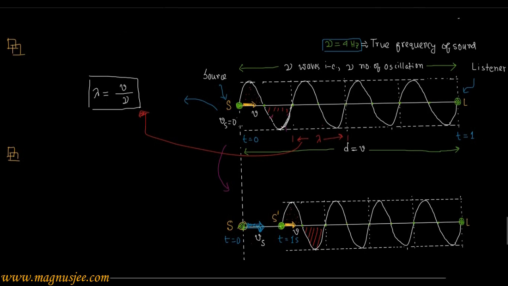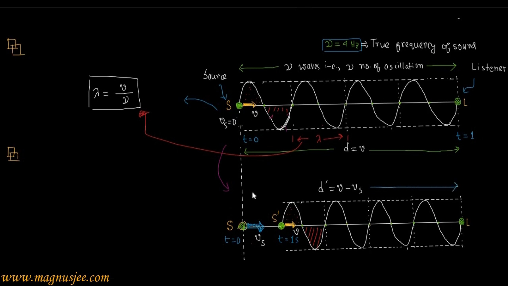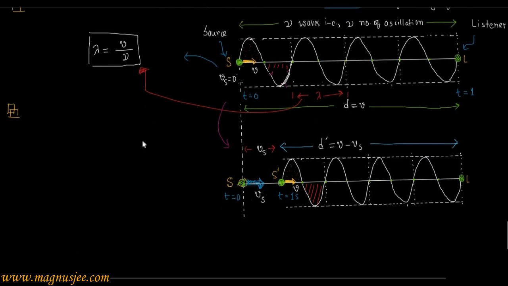Now, a new number of oscillations will be contained within the distance d prime equal to v minus Vs. D prime is equal to v minus Vs, which is the distance within which new number of oscillations of sound wave are contained. Vs is the velocity of source of sound, and it is also the distance traveled by the source of sound in the interval of time 1 second.